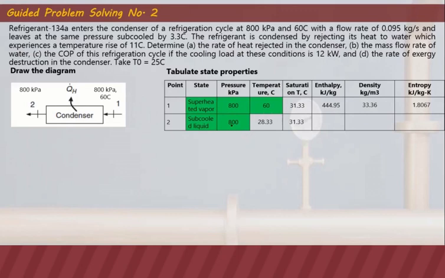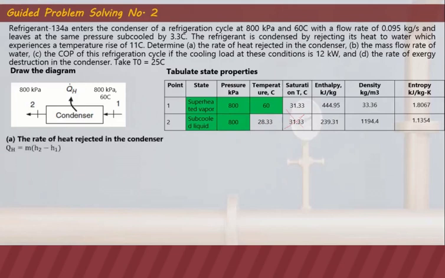So for this subcooled liquid, it has the same saturation temperature at this pressure, but it is subcooled by 3.3. That's why its temperature is 28.33. We will not use the saturation temperature, but we use this temperature and pressure to get the enthalpy, density, and entropy. So we already have our table completed.